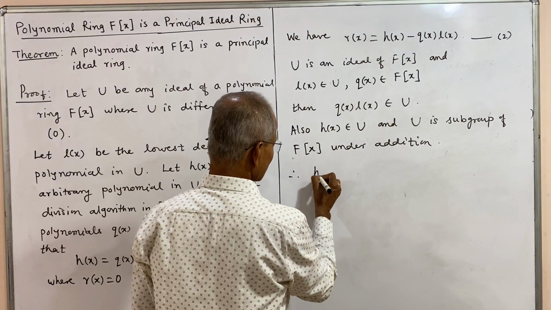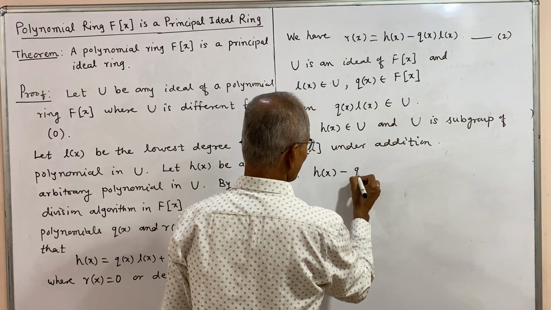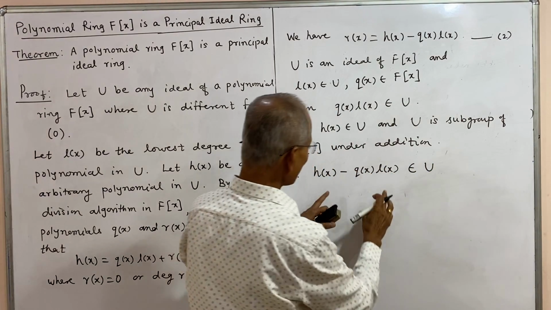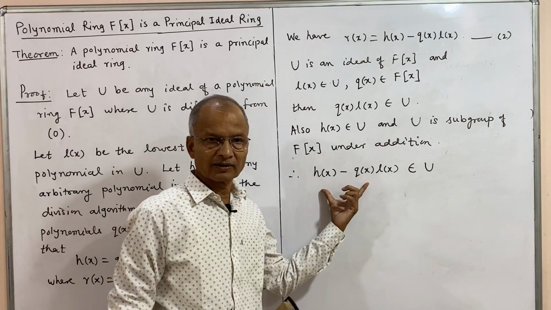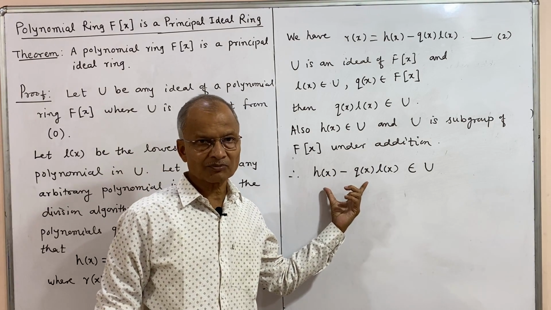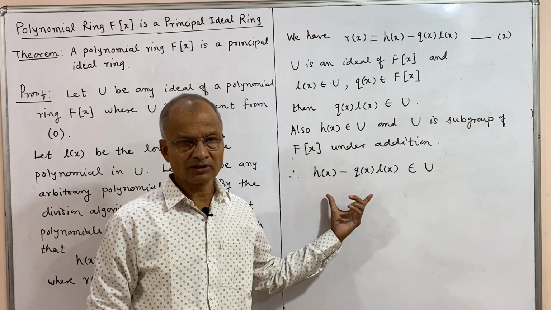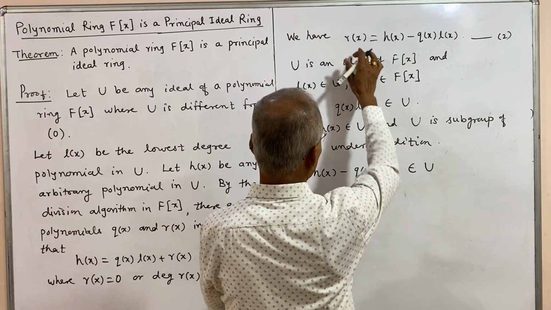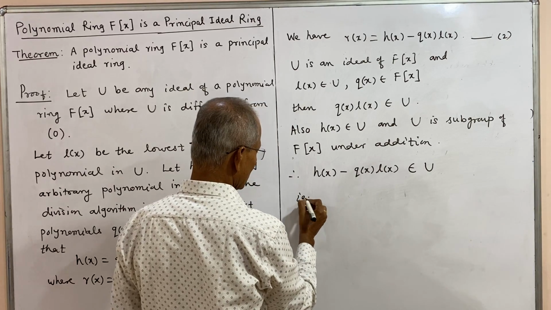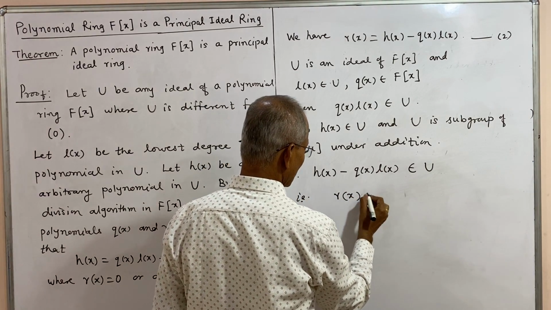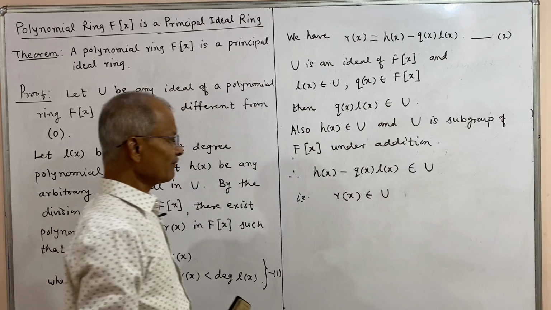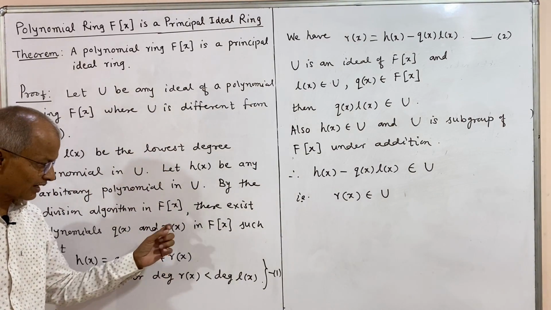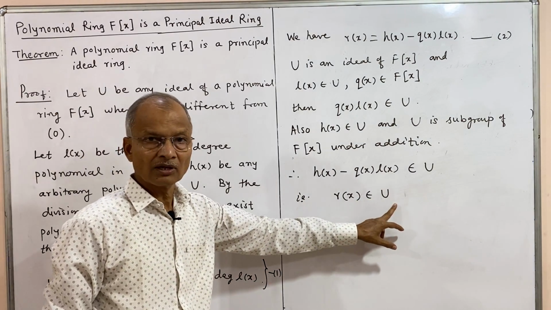Therefore h of x minus q of x into L of x must be in U, because both these elements are in U, and therefore their addition as well as their difference must also be in U, because it is a subgroup. But what is this? This is exactly R of x, that is R of x belongs to U. And R of x, already we have considered its existence in f of x, and now we have shown that it is also in U.